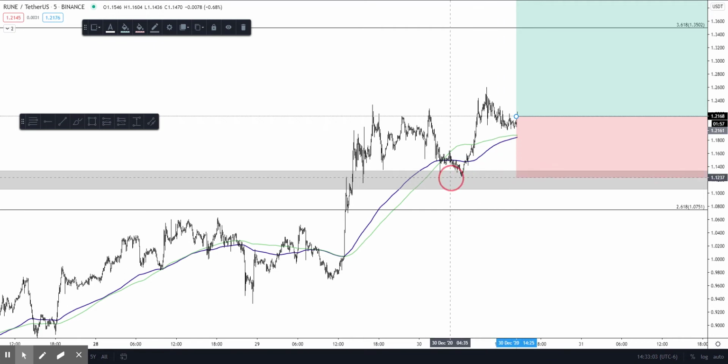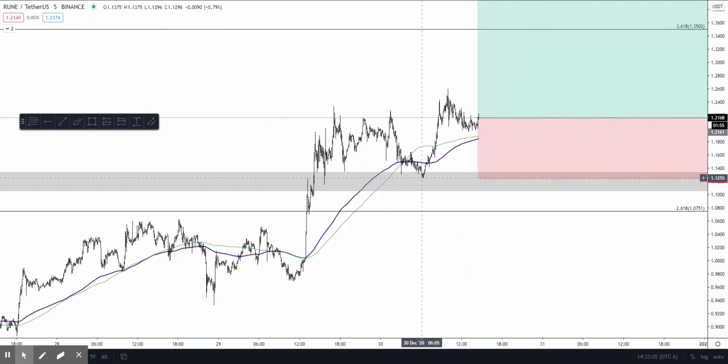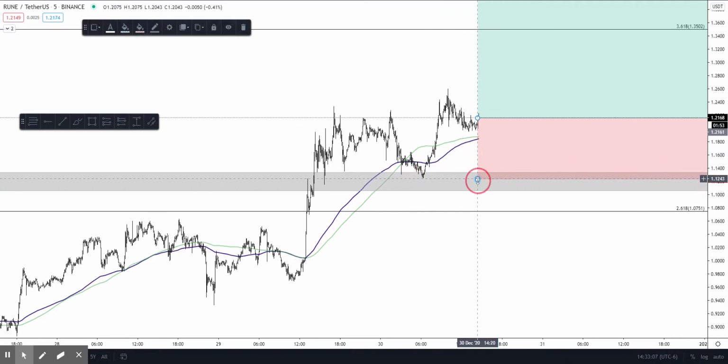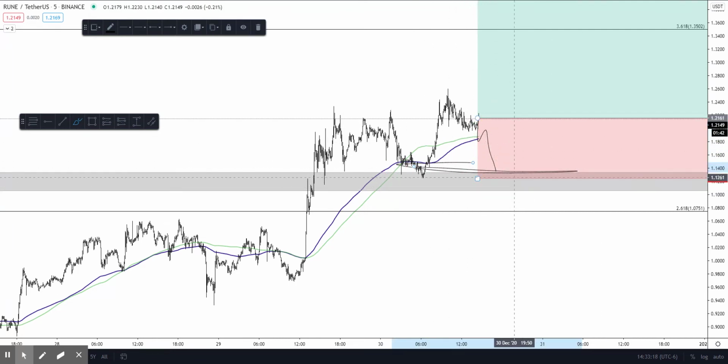The next level I would look for is this low, but that doesn't make sense because your stop loss is inside of a demand zone. Even if this breaks down and tests this zone again, this is support, right? So there's no point in me market selling at support.